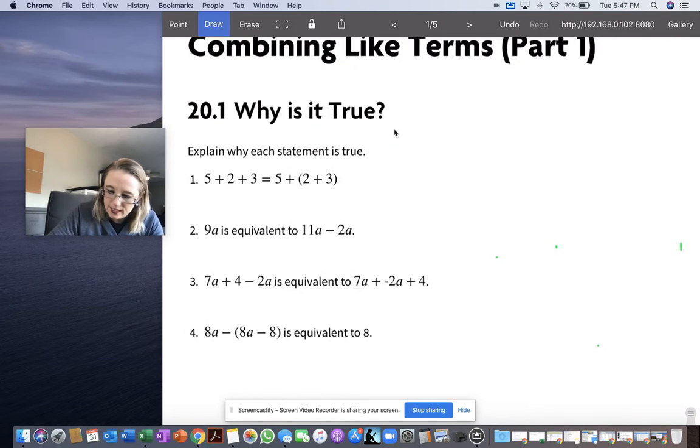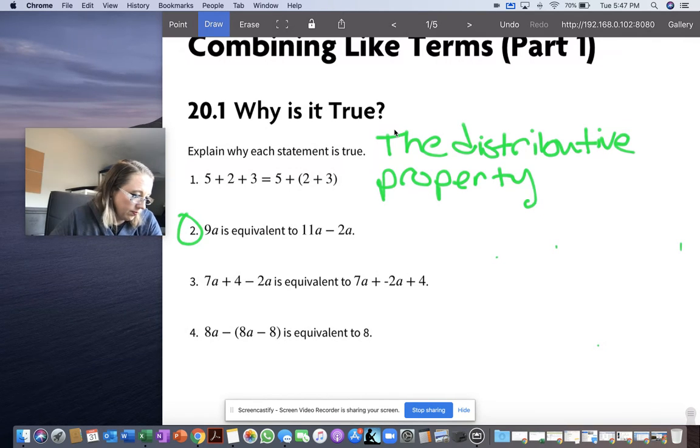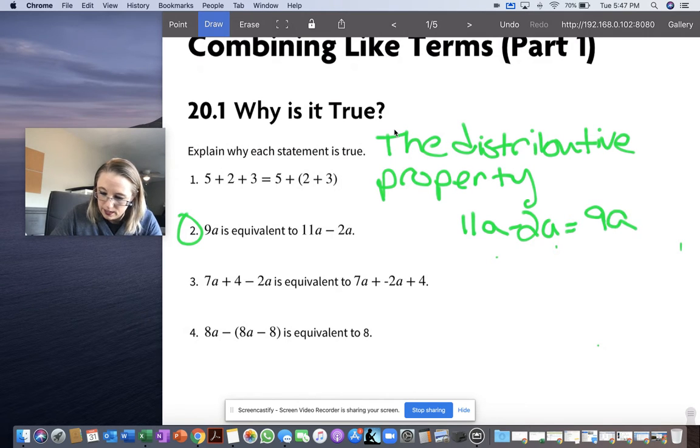So now we're on number 2. This is the distributive property, where 11a minus 2a is actually equal to 9a. Okay? Pause if you want to write that down.